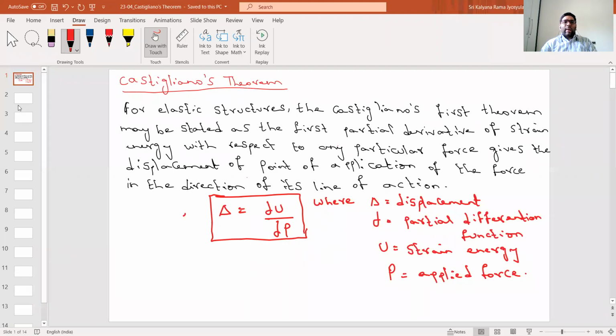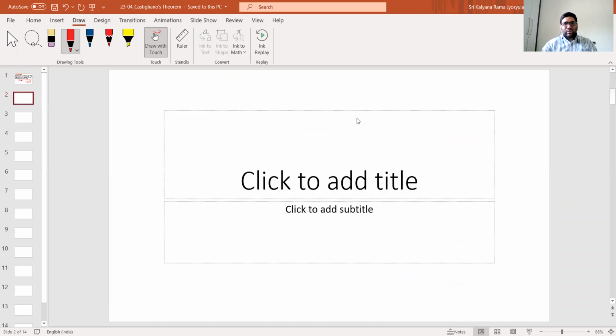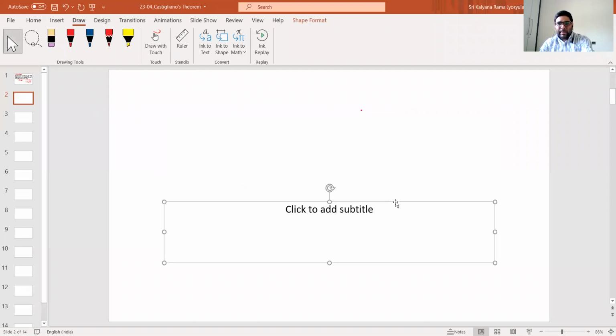Now let us see how to apply this method to statically determinate structures, which is a very important concept for the calculation of deflection.